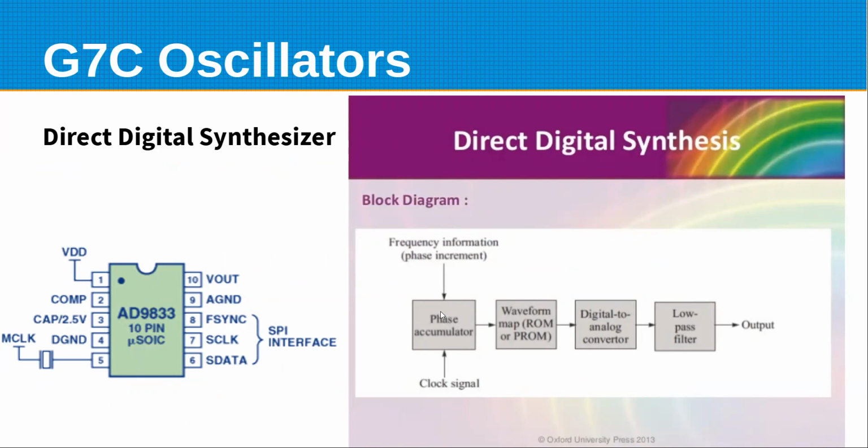In there, what you're doing is determining how many samples of the sine wave you're trying to generate. So let's say that clock signal was 360 times the frequency that you wanted to generate.